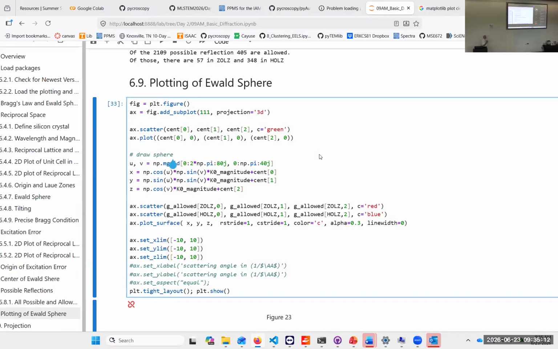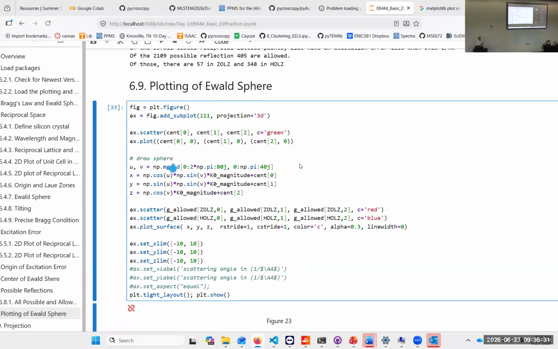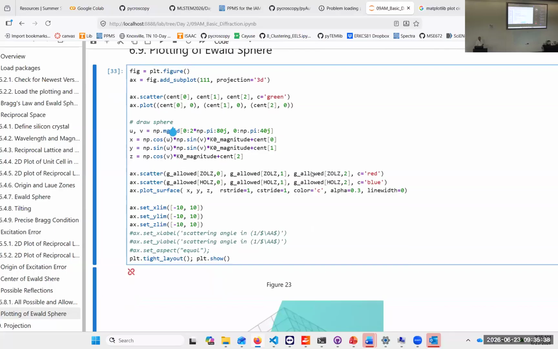So we consider all possible reflections in reciprocal space. We check how close they are to the Ewald sphere, and then we check whether they are allowed reflections. That narrows it down, and we end up with 57 out of 350 in the zero order Laue zone.